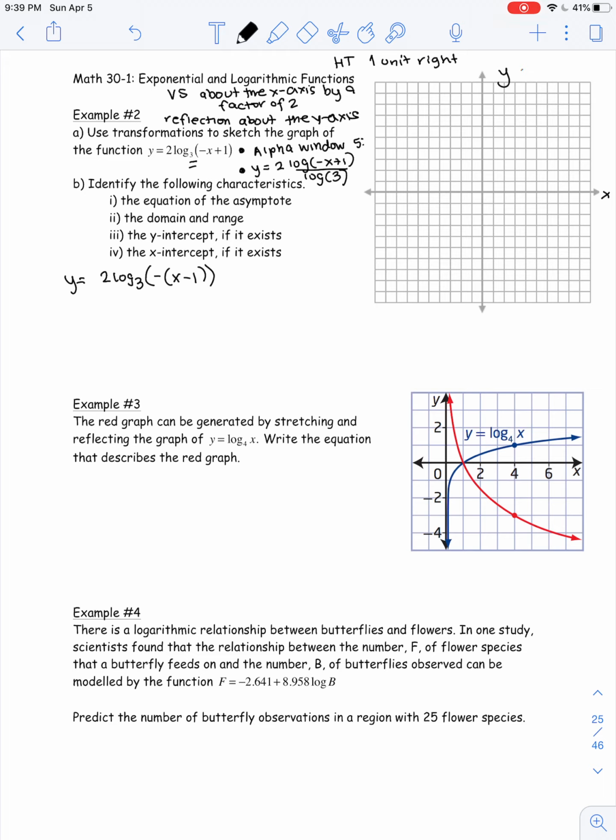Okay, so in your graphing calculators, you should be graphing this. Now I'm going to just do it in this one. I find the other one is a struggle. Okay, so I'm just putting it into my calculator, and I'll tell you what you should be seeing. So just write it exactly how you see it right there.